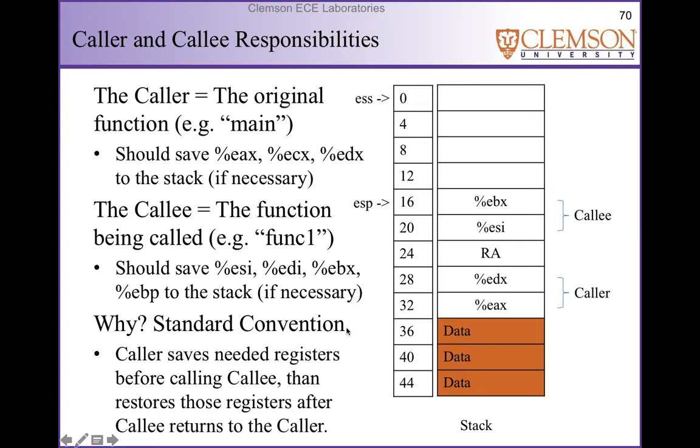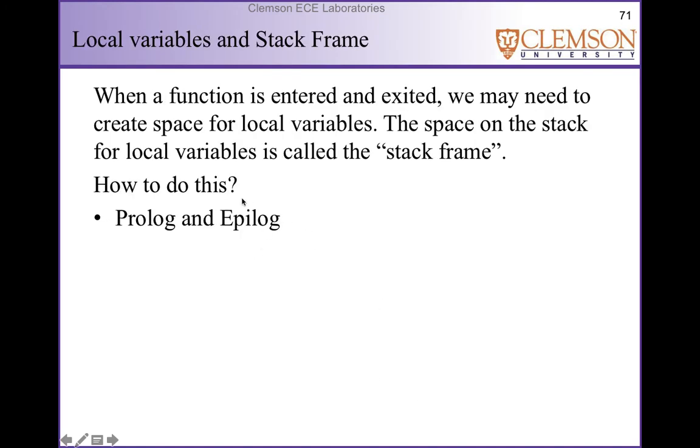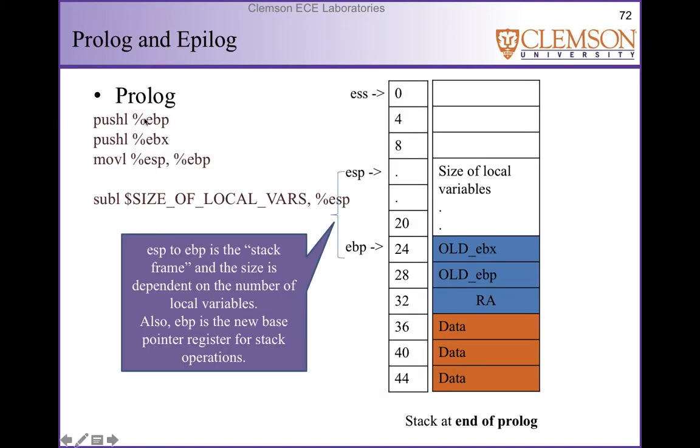And then ESP will be pointing somewhere at the very top of this frame, or technically the bottom. The epilogue undoes all that, so you see the last-in-first-out principle in effect. So the standard prologue looks like this: push L EBP, push L EBX, and move L ESP to EBP.